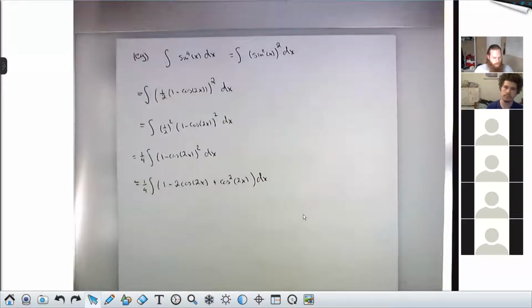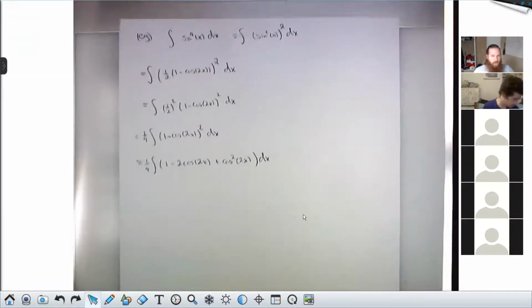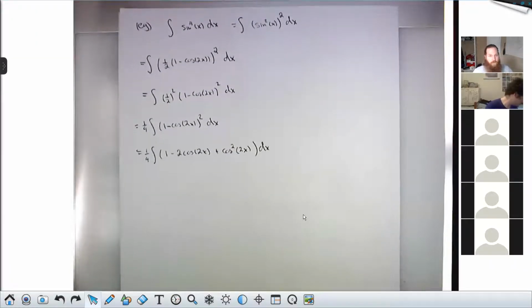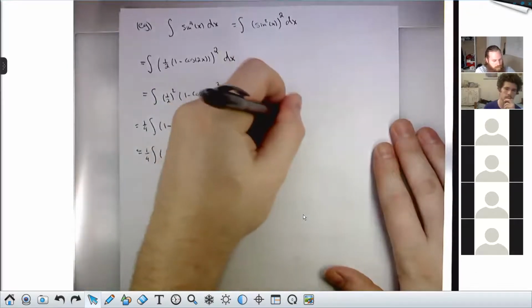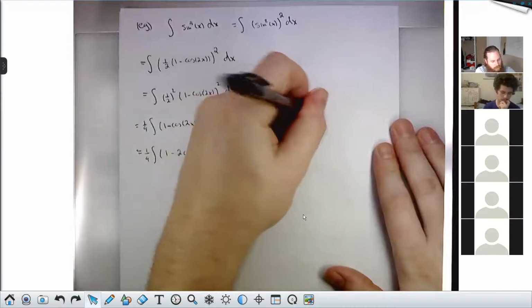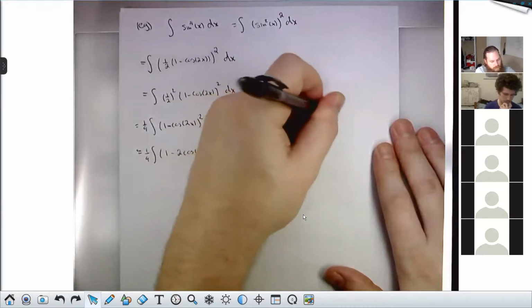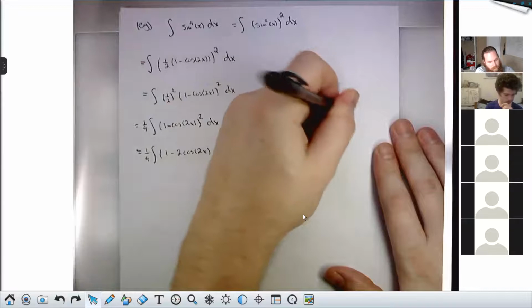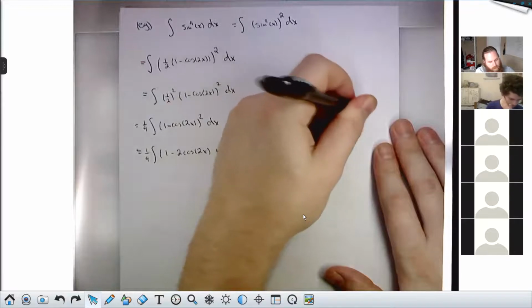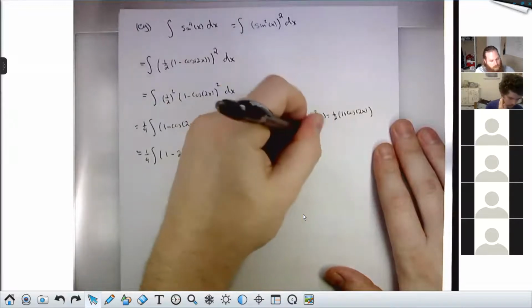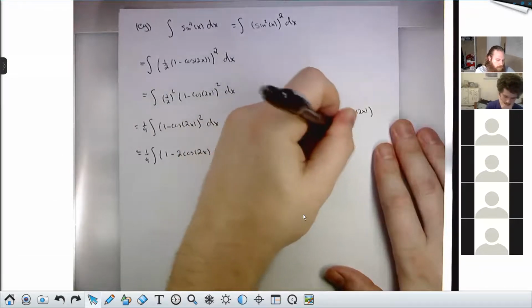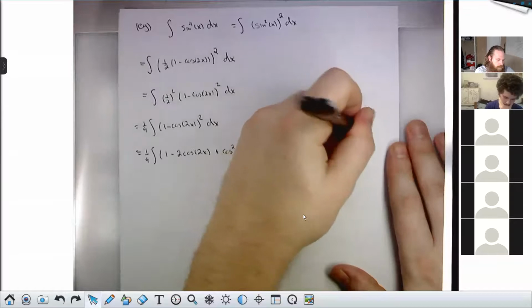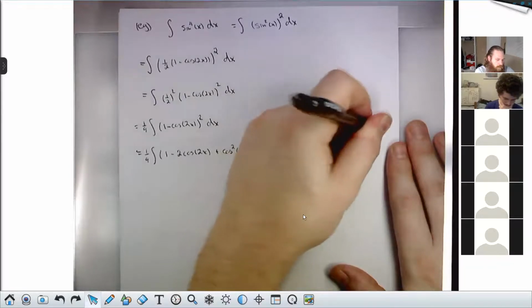And then the cos squared of 2x piece is going to get that same clever half angle treatment where I say, okay, since cos squared of x is 1/2 times 1 plus cos 2x, cos squared of 2x must be 1/2 times 1 plus cos 4x.